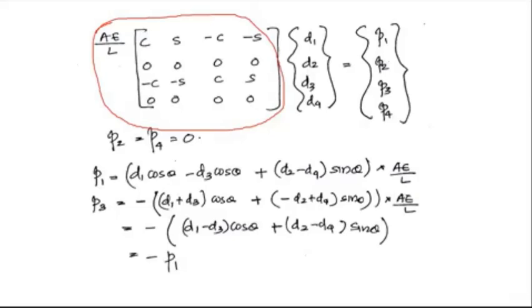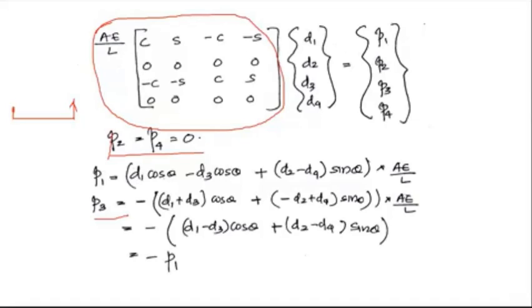So from this you will get P2 and P4 as 0. There will be no forces in the perpendicular direction of the truss element. So in this direction and this direction there will be no forces. Okay, and P1 and P3 will exist. When I write the P1 expression, P1 will be equal to D1 into cos theta plus D2 into sin theta minus D3 into cos theta minus D4 into sin theta.